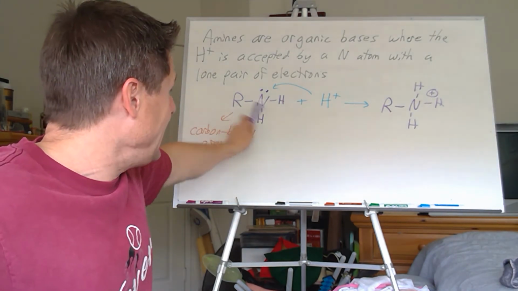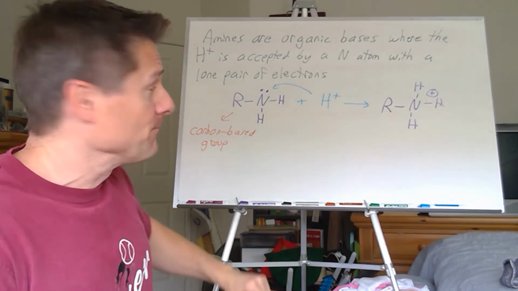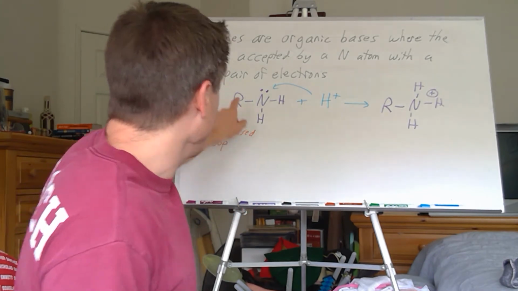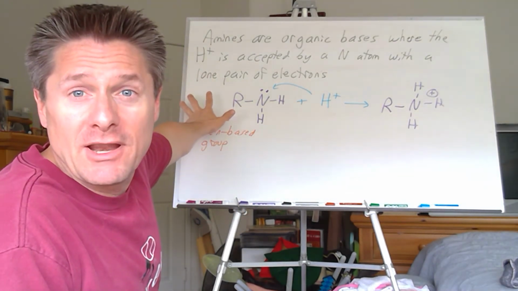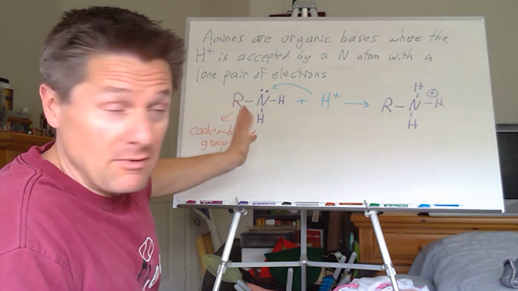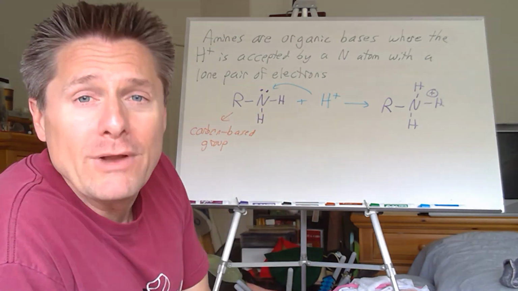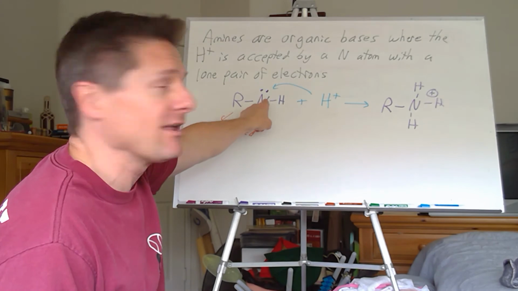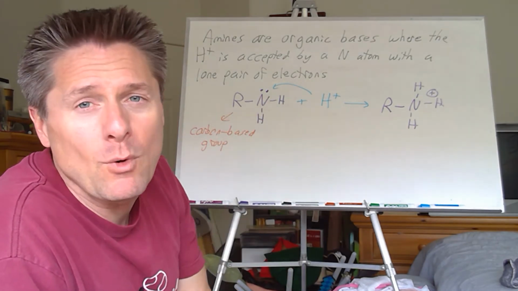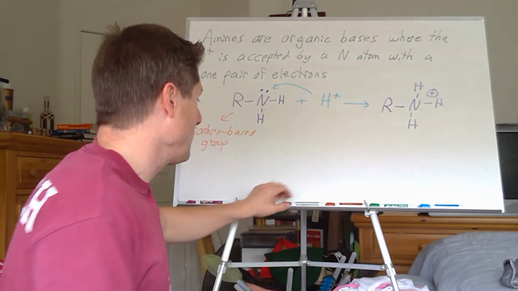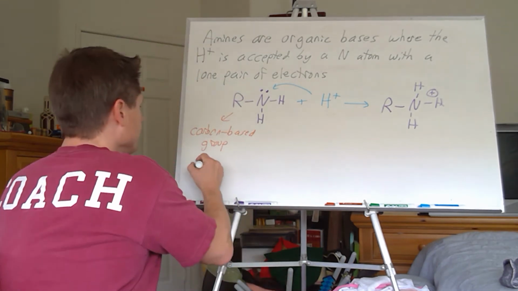So I can put any R group there. It doesn't matter. And if I had, say, a second NH2 group over here, I could pick up a second one, right? But most of the amines we're going to deal with are going to be monoprotic amines, where it only has one nitrogen with a lone pair, it can only pick up one H+. So it'd be one equivalent per mole. Well, let's look at it.